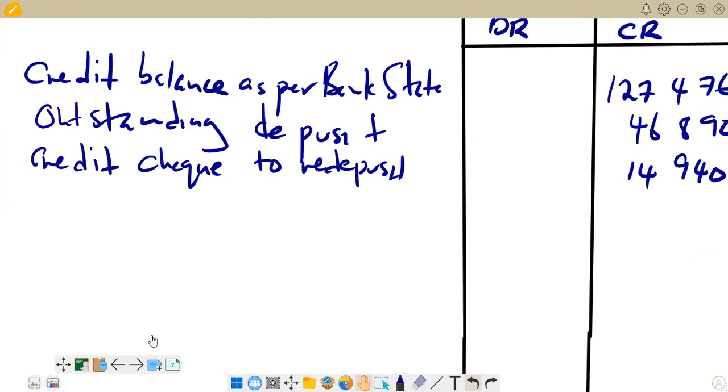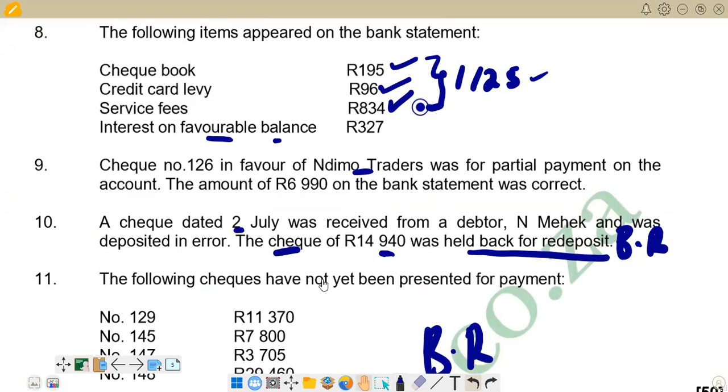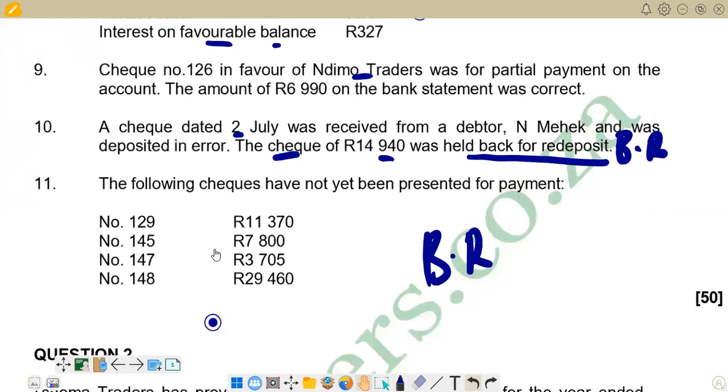And then we have another one that is affecting this bank reconciliation. We are here on the last one, affected with number 10. The following checks have not yet been presented for payment. Whenever checks have not yet been presented, it means they are there in the journals, but in the bank statement they are not yet processed.